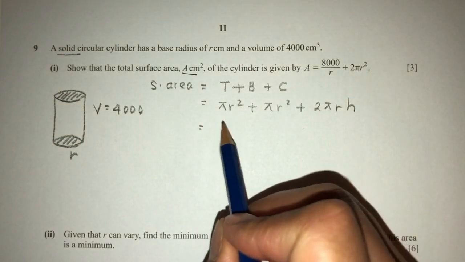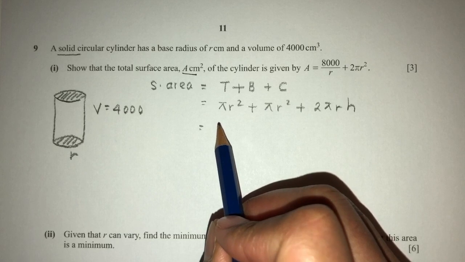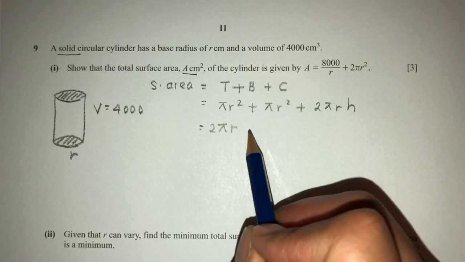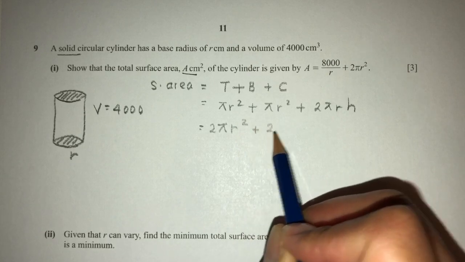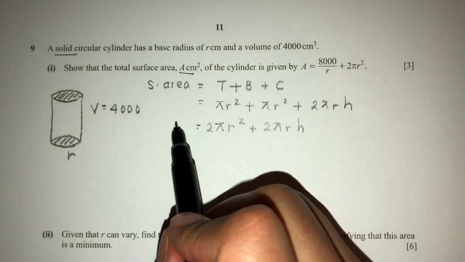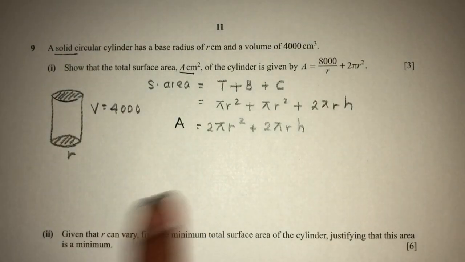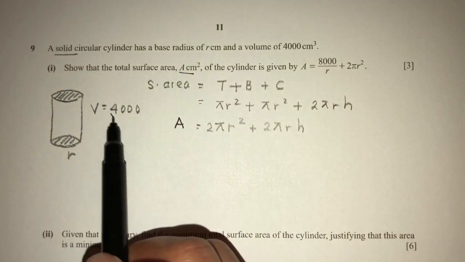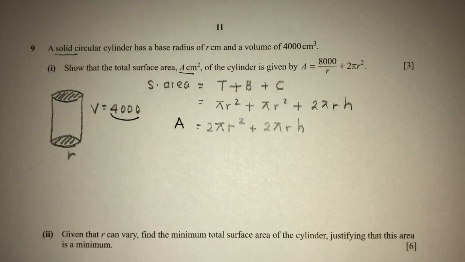So simplify, that will be what? Pi r square plus pi r square, that will be 2 pi r square. Then we have plus 2 pi r h. But now, this is the area, but we have to express this in this form. So we have to use something they have given us, which is the volume. How do you find the volume of a cylinder?